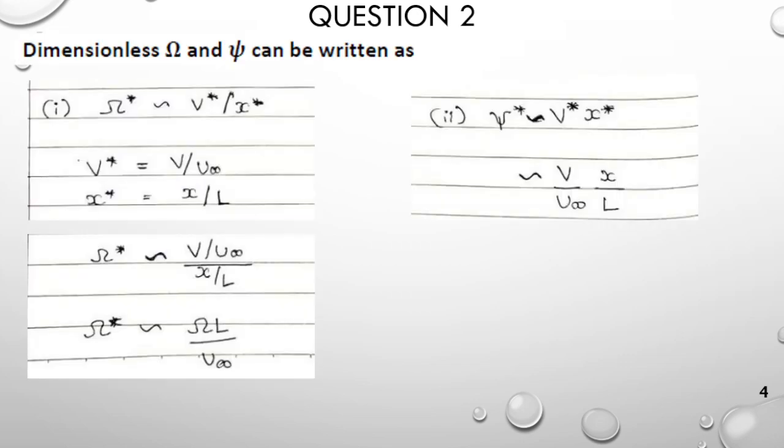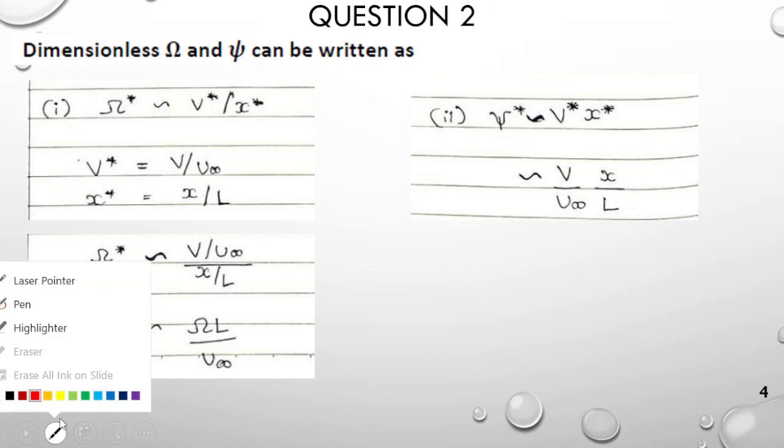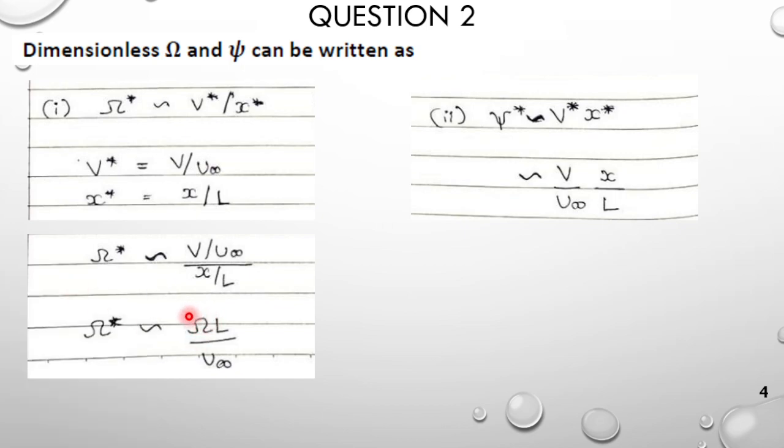What should be the next step here? We have to come up with a dimensional psi also, similar to how we have done here. We wrote that v by x will be omega. Can you write on the chat box now what it should be? The next step, u infinity and L will be there anyway.